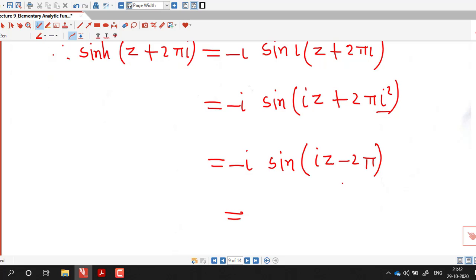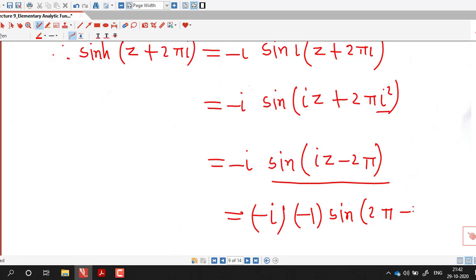Now if we expand this by sine of alpha minus beta, or we can write this as minus i, and if I take the negative sign outside, I will have sine of 2 pi minus iz.